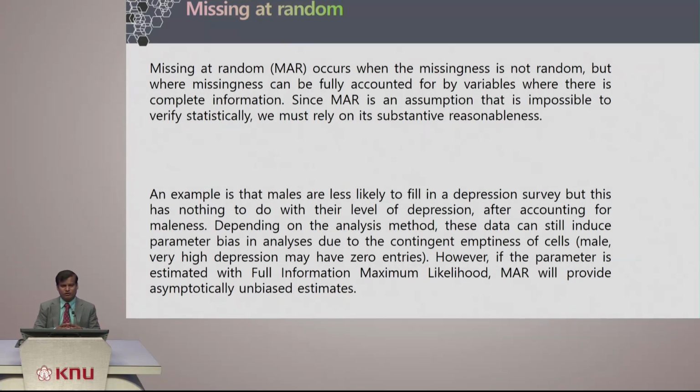For example, if you are a male respondent and you have depression, you most likely don't fill in that information. However, if the parameter is estimated with full information, missing at random will provide asymptotically unbiased estimates.